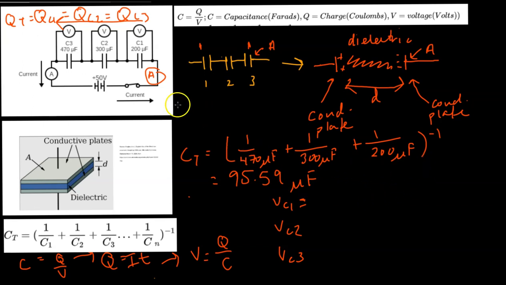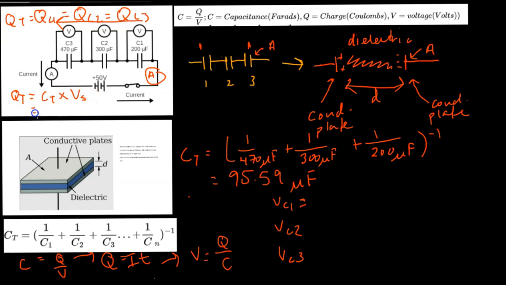Let's write it up here. Q_T would be the total capacitance multiplied by the supply voltage.